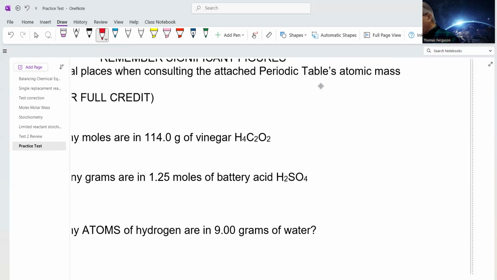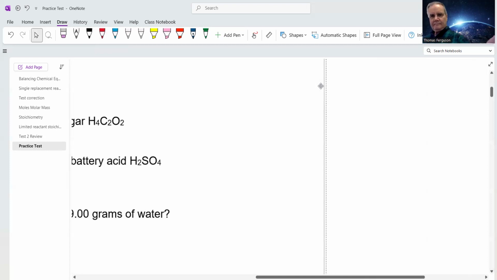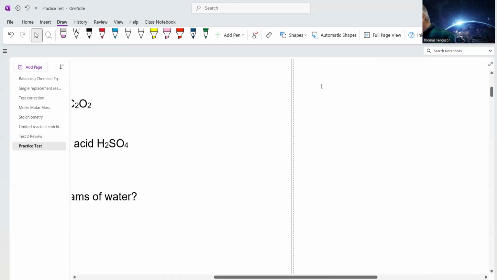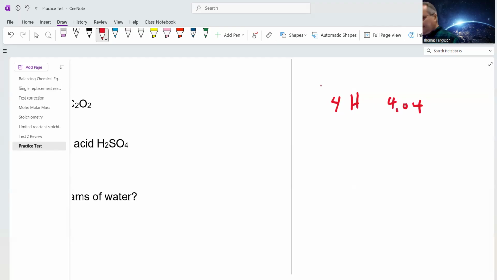So the molar mass is going to be 4 hydrogens, that's 1.01 apiece, so that's 4.04. Two carbons, those are 12.01 apiece, so that's 24.02.